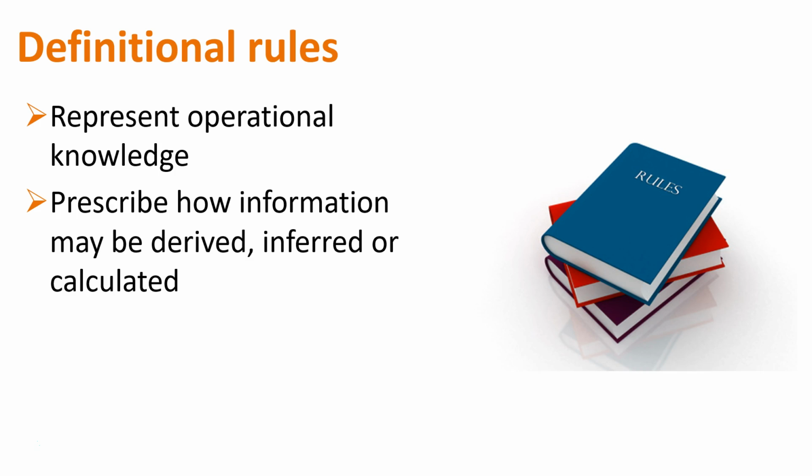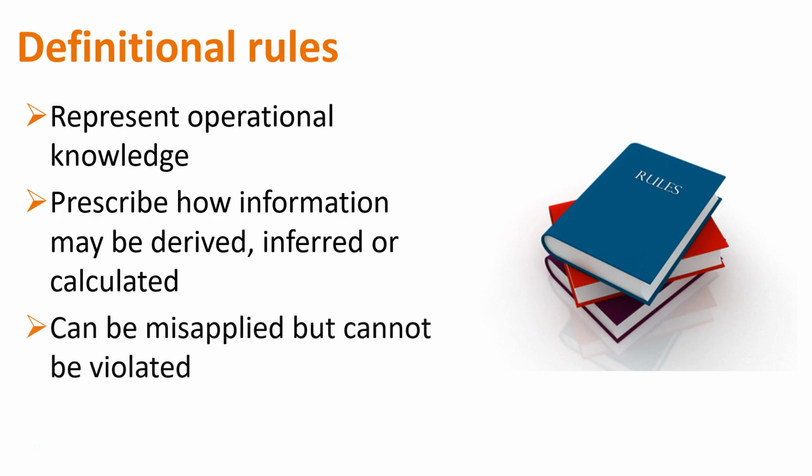So when you talk about definitional rules, when you have a solution that looks for specific data elements and then comes to a derived conclusion and then calculates a value based on it, it's running off of definitional rules. It is using rules that are in place, and it's calculating a result because of it. Okay, and because of that, that's really black or white. You can't accidentally misapply it. You can't violate it. It is what it is.